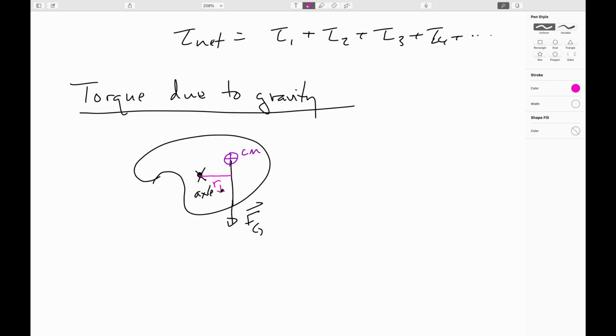So even though some of the mass is to the left of the axle and is trying to twist it counterclockwise, and some of the mass is on the right of the axle here trying to twist it clockwise, the net result, there's no need to divide it up. The net result of it all has been shown to be just pretend the entire force of gravity is entirely being applied at the center of mass of the object.